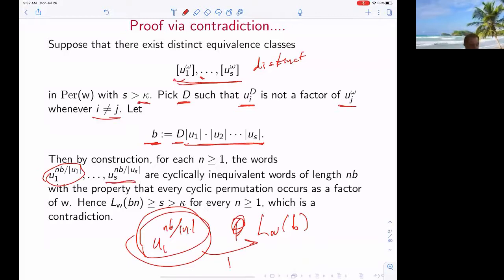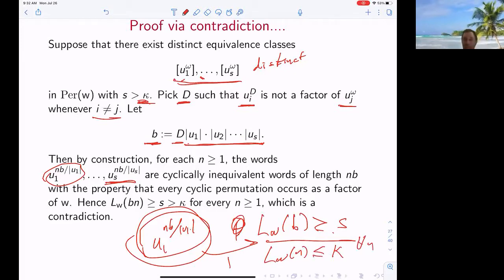And these words all have the same length. So it's contributing s to the count. And these are pairwise cyclically inequivalent. So we're getting this bound. And that's a contradiction because we picked s bigger than kappa. And we've shown that LWN is less than or equal to kappa for all n, because this kappa was the sup. So that's the idea. It's not a hard proof once you have the bound.